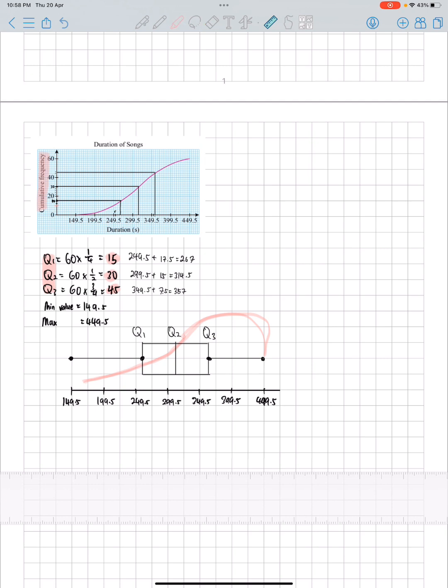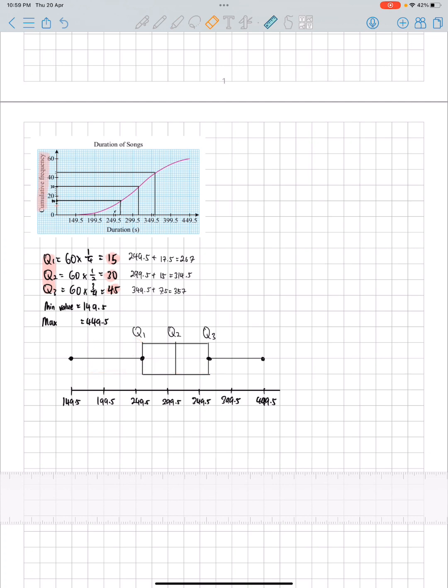If the box is more to the right, then it's left skew. If the box is more to the left, then it's right skew. So it's the opposite.